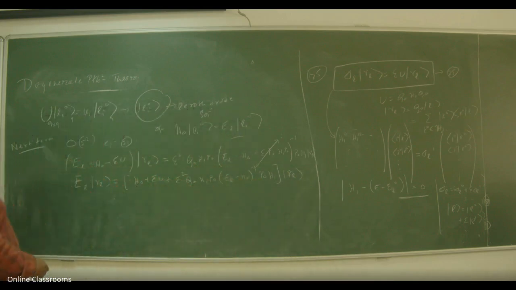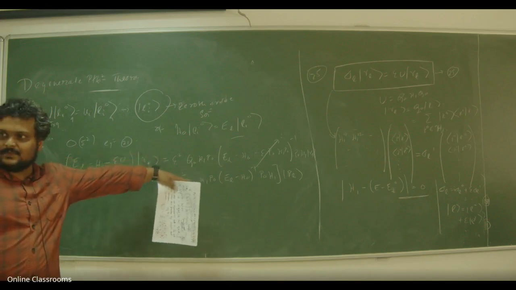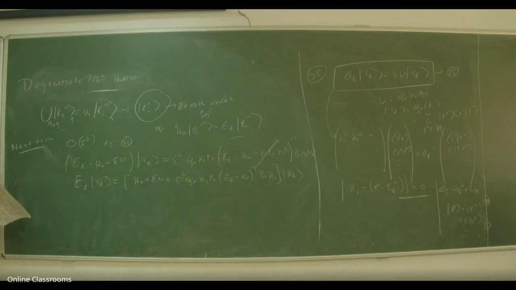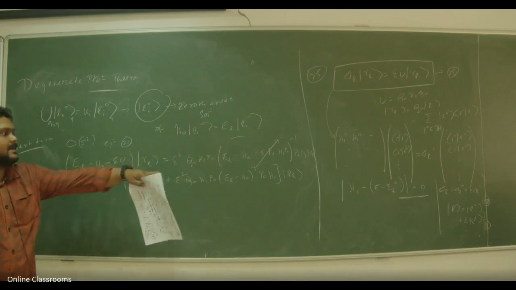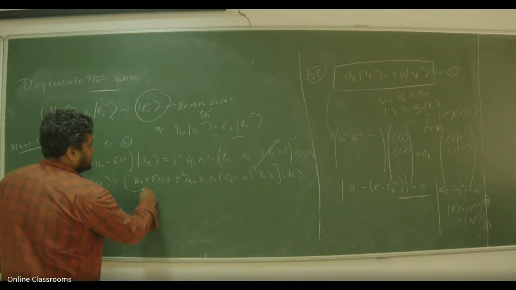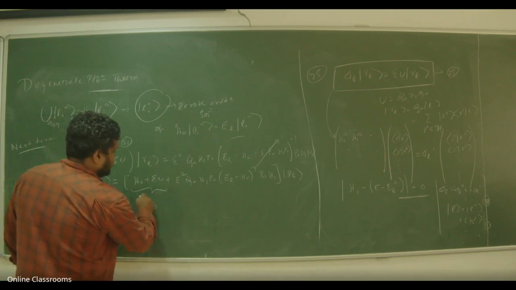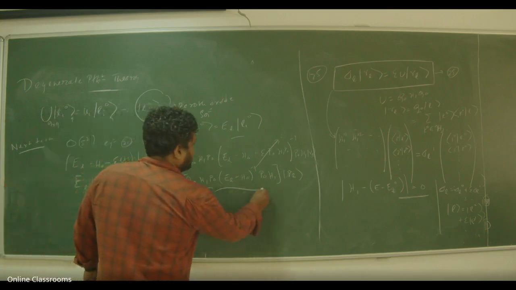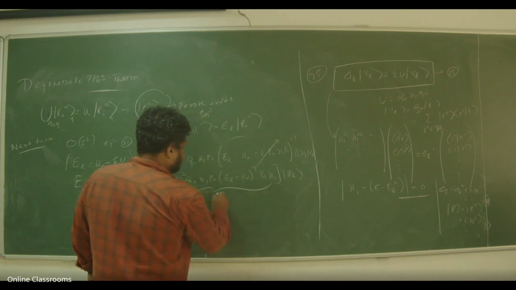Now what did I do? I just added the epsilon square term, kept only terms which are up to epsilon square, threw away everything else, and rearranged it such that I again have this form. Everything is RL times some number and RL times some operator. Now notice this is like another perturbation theory problem. Why? Because I can rewrite this as a new H naught and this is a new H1.